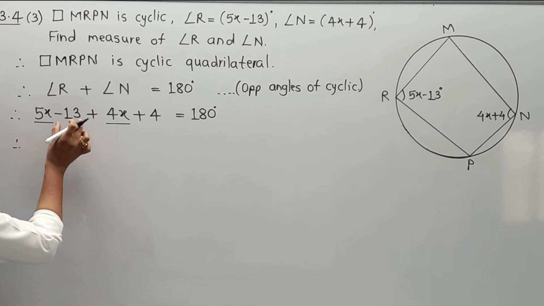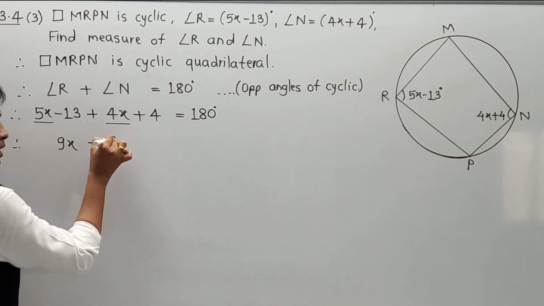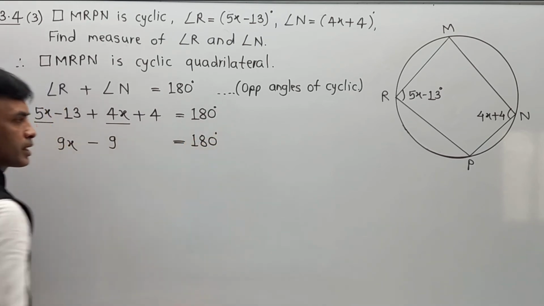Now the numbers: minus 13 plus 4 becomes minus 9, is equal to 180 degrees.